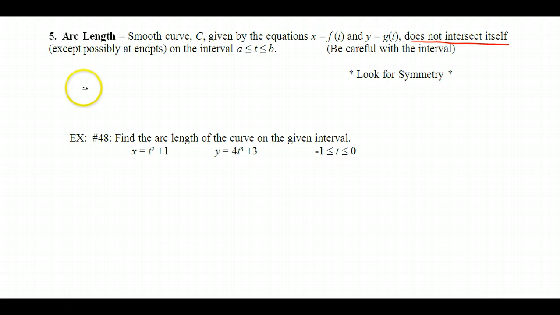Your equation is very similar to the equation that you learned for arc length. So lowercase s, remember, indicates arc length. We're integrating from a to b, so that's your parameter that they're giving you. And then it's the square root, which is very similar to the rectangular equation for arc length, and it's the derivative of x squared plus the derivative of y squared, and this will be in terms of t.